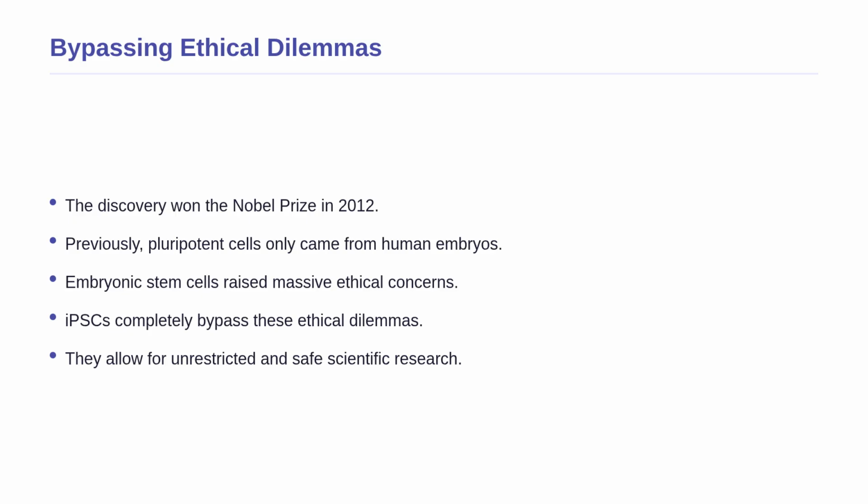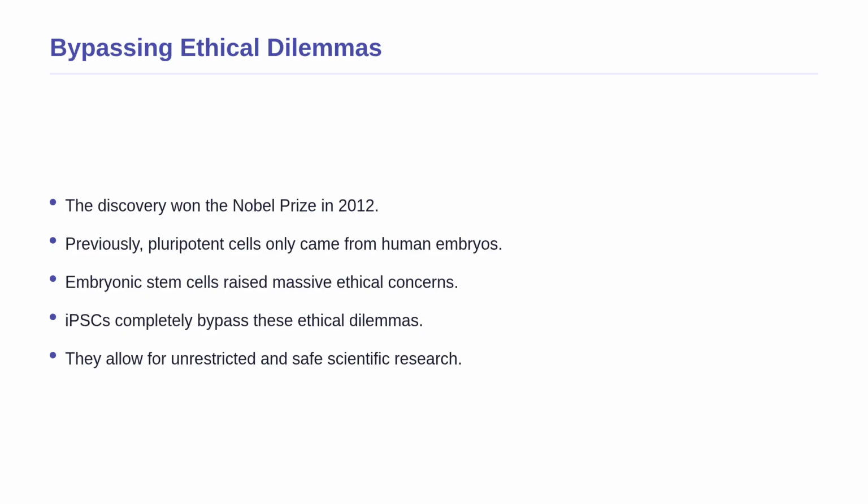Now that we have seen how iPSCs are made, we must ask why this discovery is so revolutionary. The creation of induced pluripotent stem cells is so profoundly important that it won the Nobel Prize in 2012, just 6 years after it was first published. Before iPSCs existed, the only way scientists could obtain pluripotent stem cells was by harvesting them from human embryos.